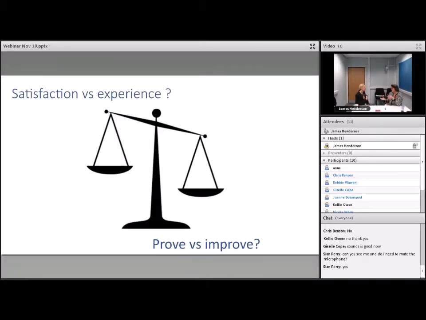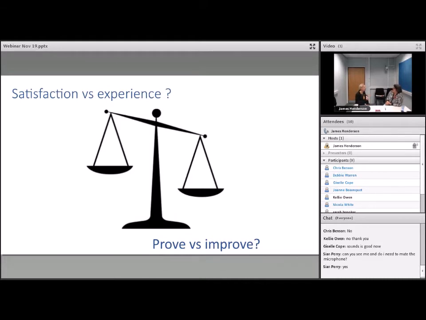So there's also the idea of thinking about satisfaction. What's the difference between satisfaction and experience? So Gemma, if you went to your local supermarket and I sent you a survey on how satisfied you were with their service, what would influence your satisfaction? I guess things like how easy it was to get the products that I was going to buy and probably the cost of them as well.